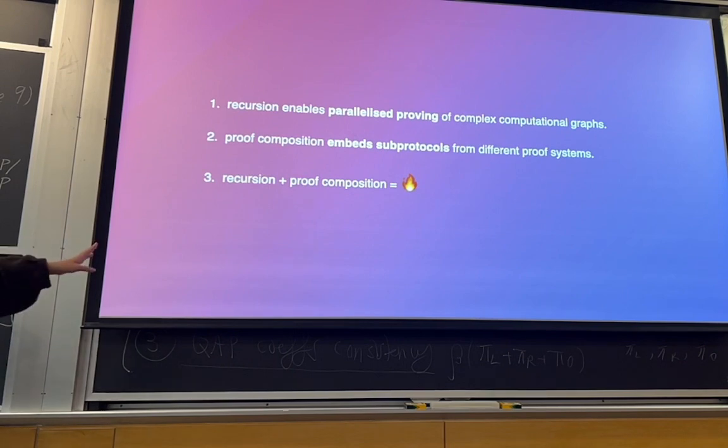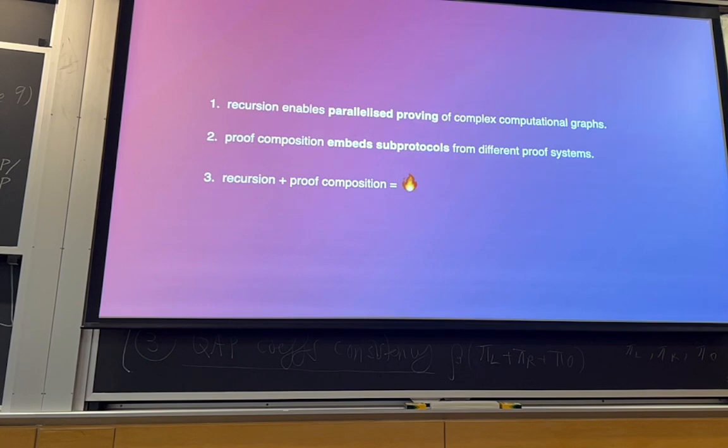So this is the punchline of this last section of the talk about recursion and proof composition. Recursion is basically composition within one proof system. It's often used to reduce the prover's computational complexity and to break down a huge circuit into manageable iterative steps.